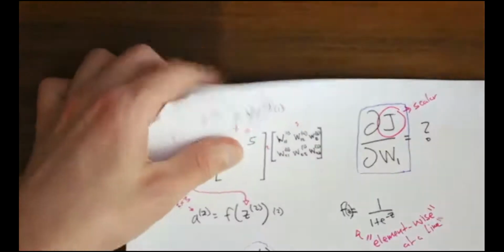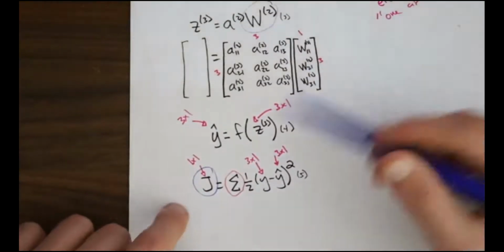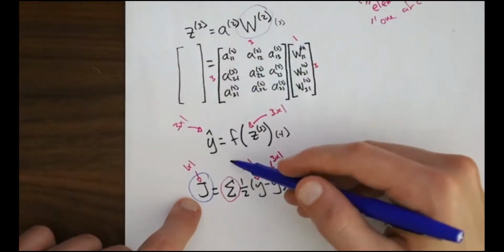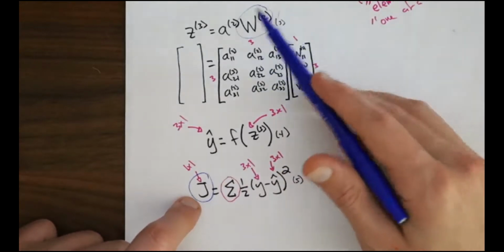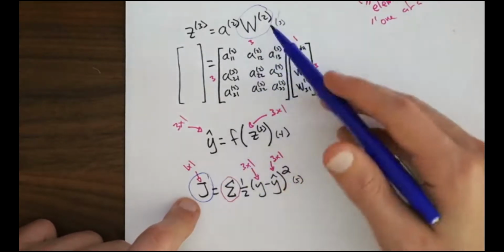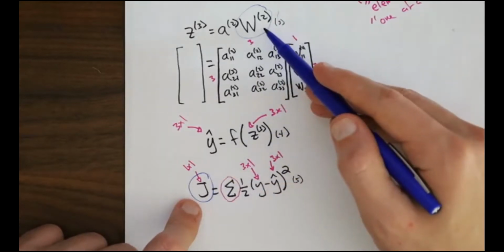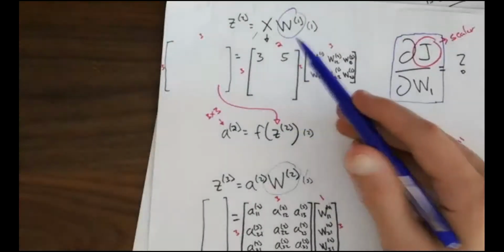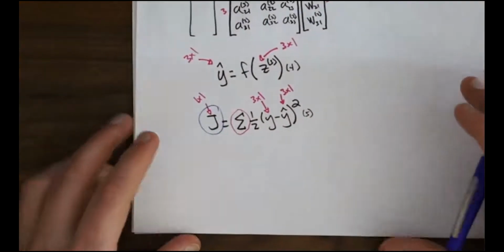To figure out how to change those values, I need to compute the gradient to figure out what kind of changes in W are going to decrease J, which way is downhill. So I'm going to compute dJ/dW2 first, and then we'll go back and compute dJ/dW1 if we have time. Okay, so that is the whole idea.